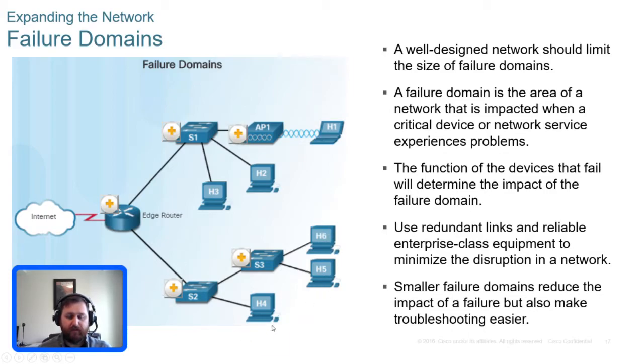So that's a whole failure domain right there if those devices actually go down. So when we're talking about failure domains, they basically are just trying to say, make them as small as possible, and you can do that by adding in redundant links as much as possible.